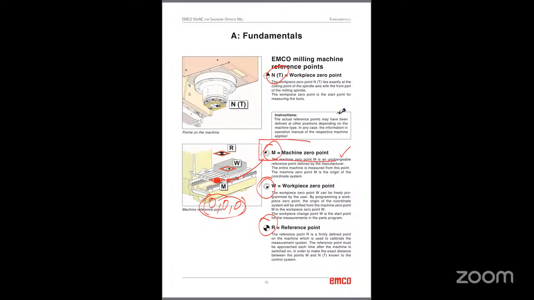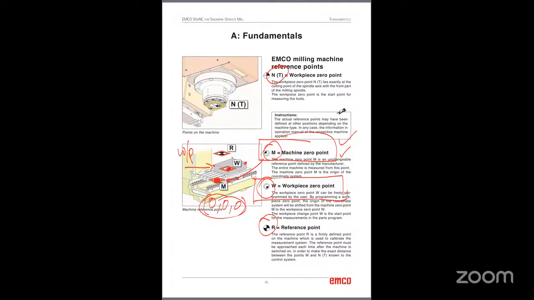So this is very important, okay? Then coming to the next one, workpiece 0 point. So workpiece 0 point means this is our workpiece, right? The workpiece 0 point W can be freely programmed by the user. That means the operator can select a reference point. For example, if this is the workpiece, the operator can choose this one, this one, anyone, anywhere.